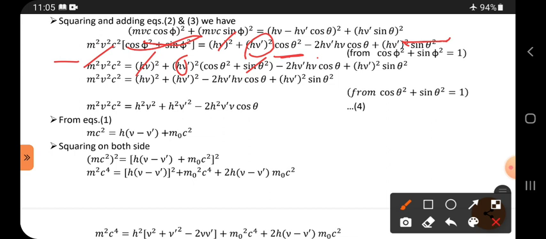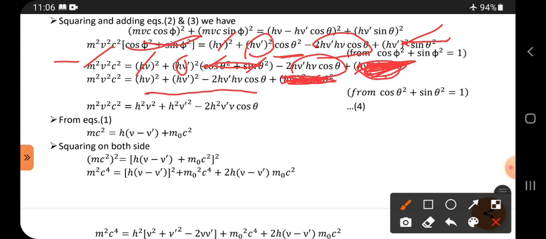Sorry, here one more time, twice it is written. It is not there. Why? Because already common is taken. And here also this point is not there. Already common is taken here, cos square h nu dash square. Then this point and this point cannot be present, only these points are present.